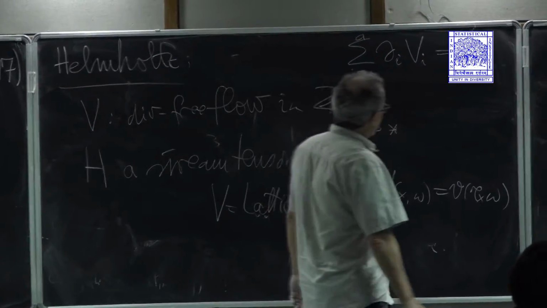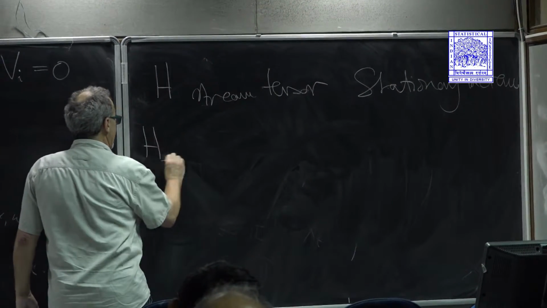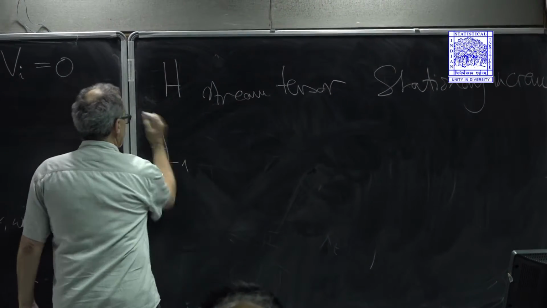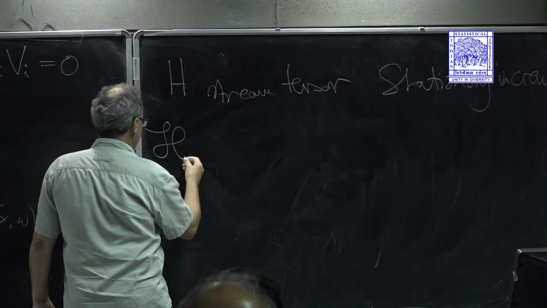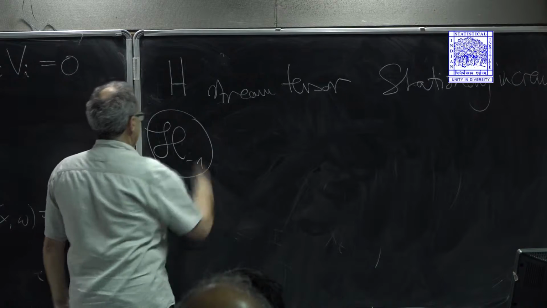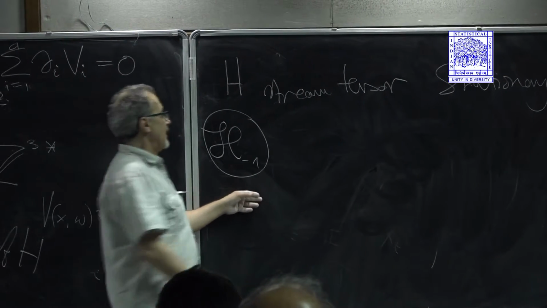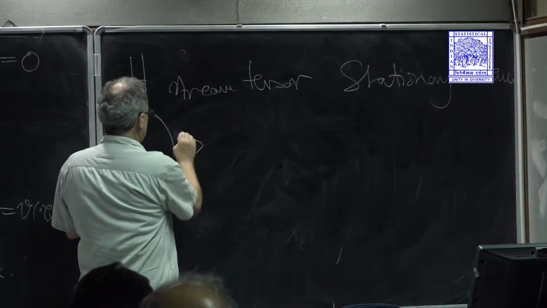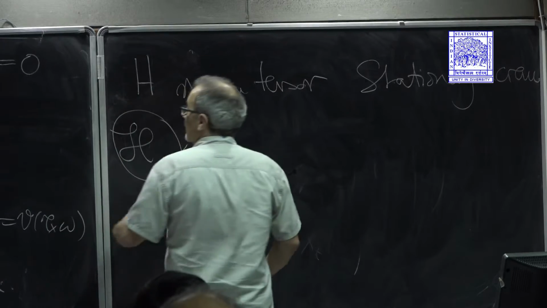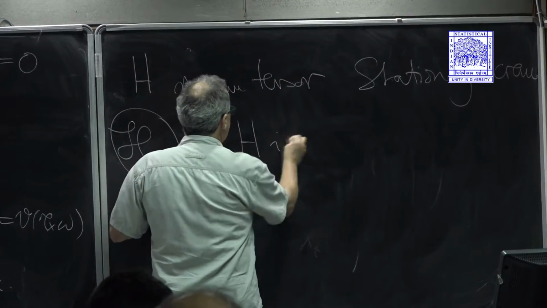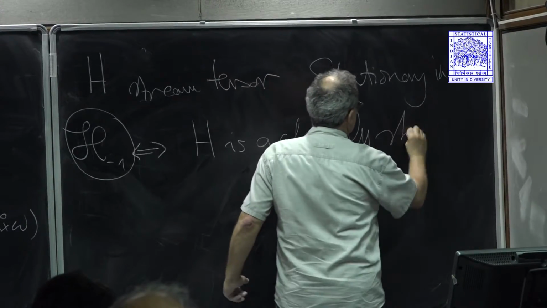Good. Now it turns out that the H^{-1} condition, by the way, this H is not that H. This script H is from Helmholtz, that one is from Hilbert. The previous H^{-1} condition is equivalent to saying that H is actually stationary.